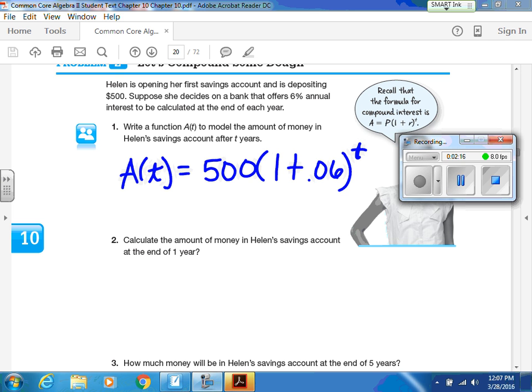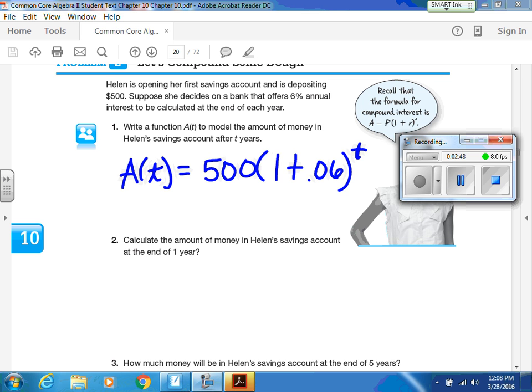I'll have the entire 500 plus 6%. What percent of 500 is 500? 100%. What's 100% as a decimal? 1. You get the whole thing, 1, plus 6% more. That's why we do 1 plus the interest rate. Exactly. You get the whole thing plus the 6%.